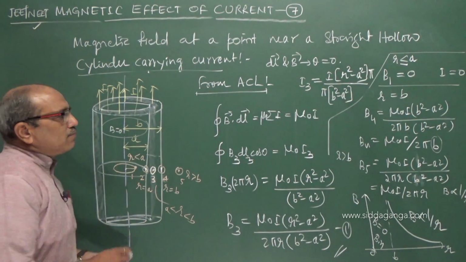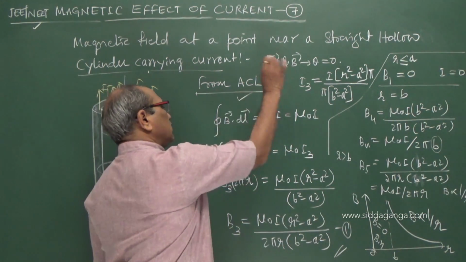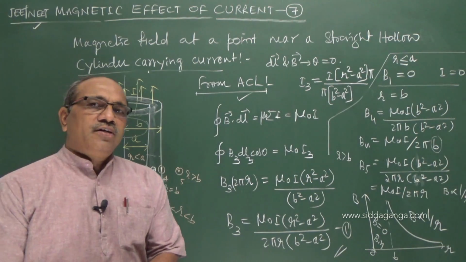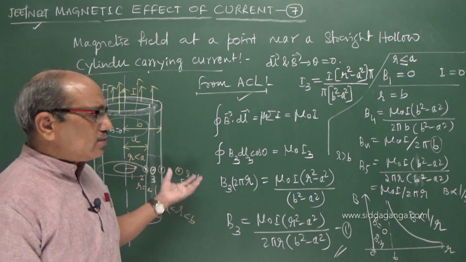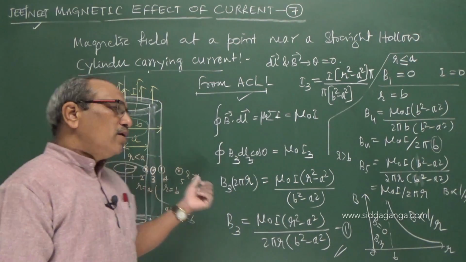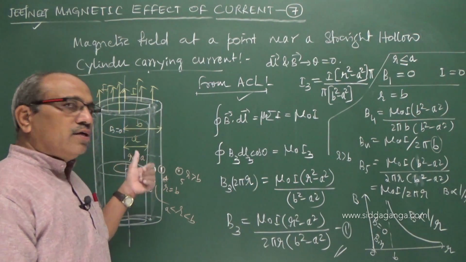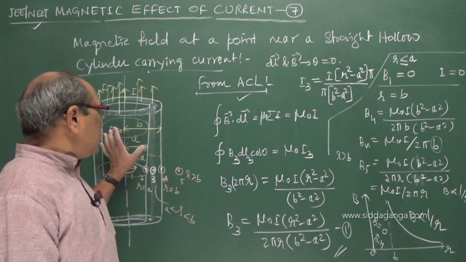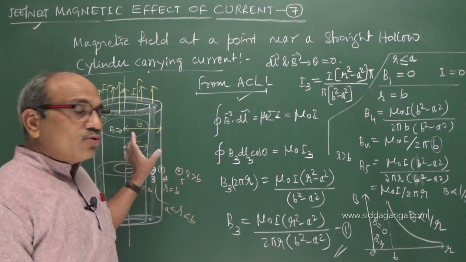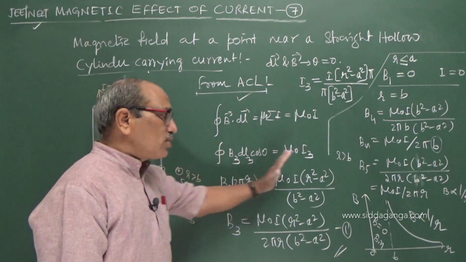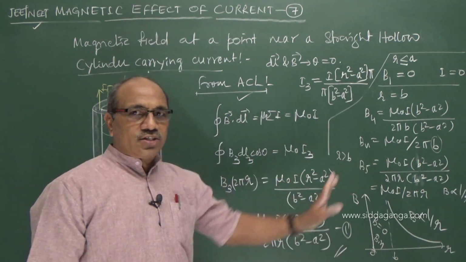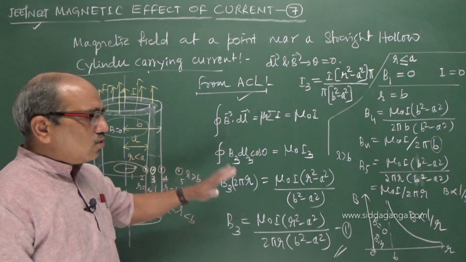So finally, remember how we used the ACL to find the magnetic field due to a straight conductor carrying current, or a solid cylinder or a hollow cylinder. In the case of a hollow cylinder, we come to know inside the hollow pipe there is no magnetic field. At the surface it is maximum and outside it goes on decreasing inversely with the distance, whether solid or hollow.